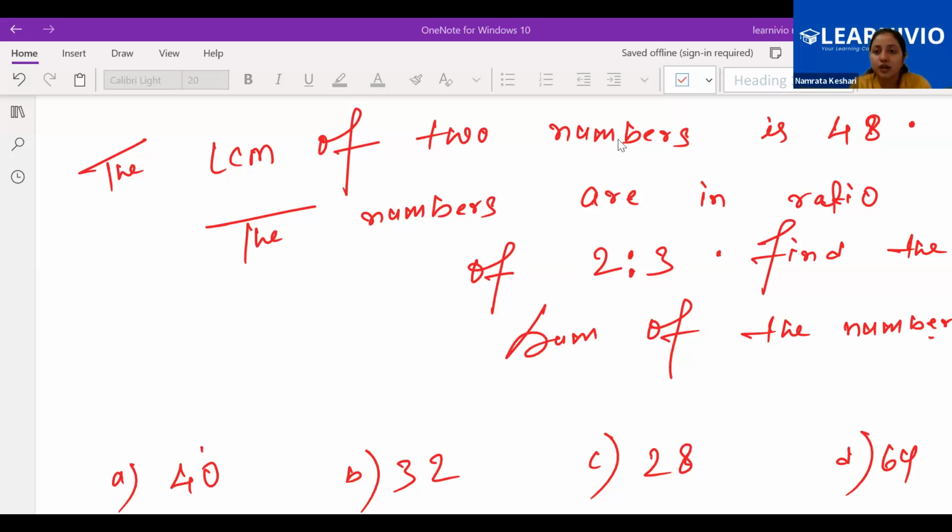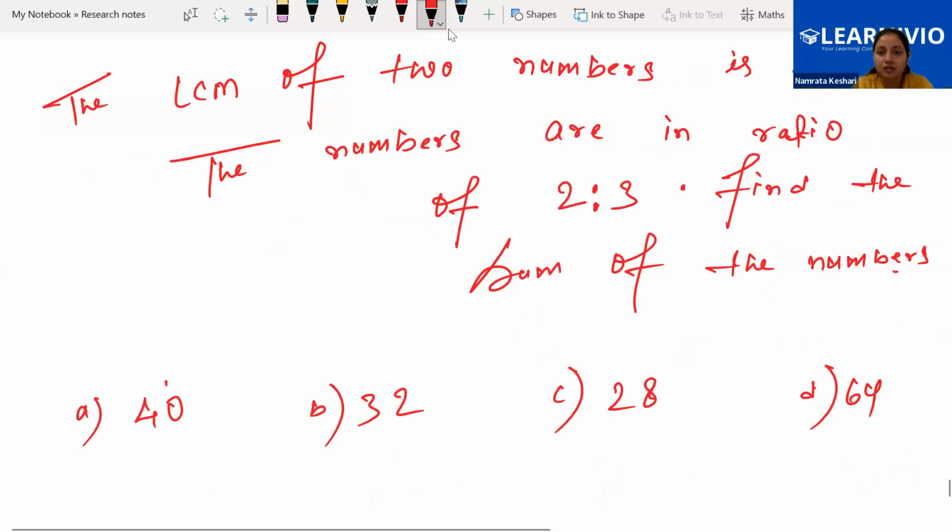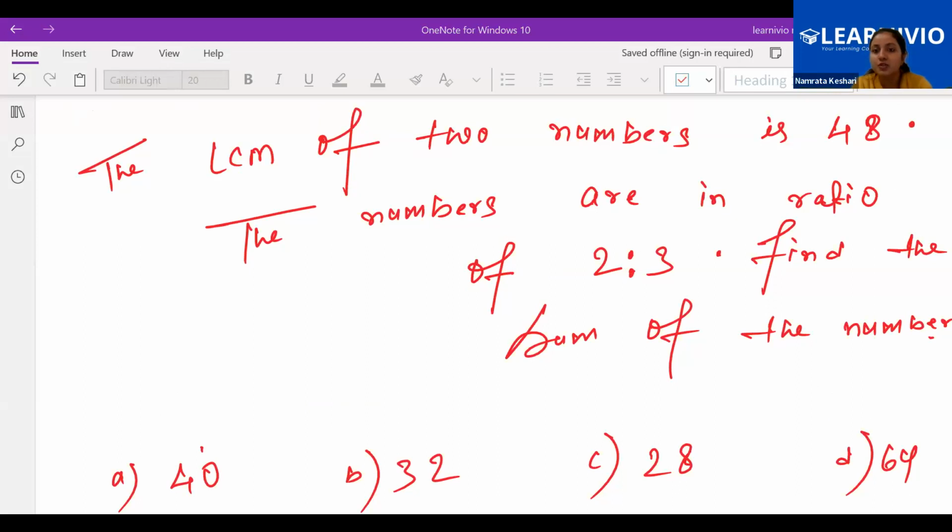Okay, let's do it over here. Afnan said option A, and Maha, you are also getting option A, right, Maha? Yes, ma'am. Okay, let's see whether it is option A or what.